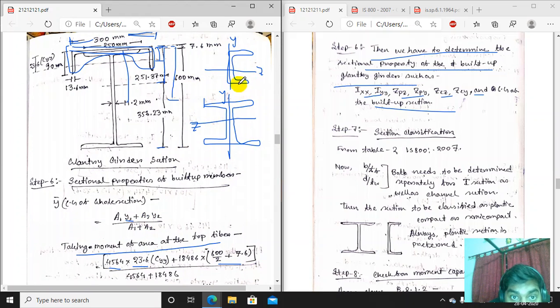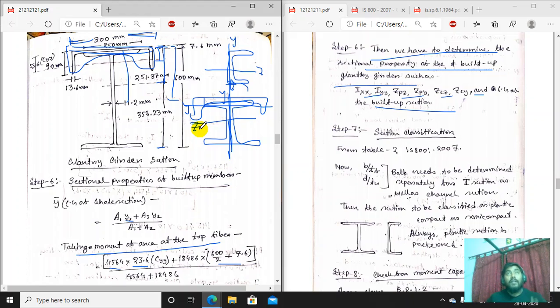Now if we turn it like that, here we are placing it like that, this now becomes the Z axis, and this now becomes the Y axis. So when we are calculating the IZZ of the total section, the IZ of the I section, but the IY of the channel section has to be considered.